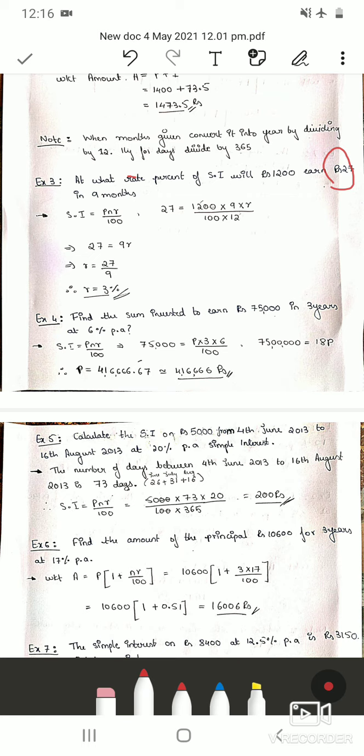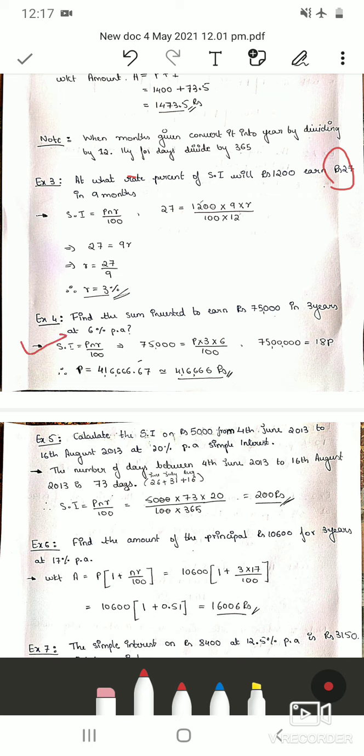So you are investing some amount, and on that amount you are getting 75,000, which might be your income or interest. Here they have asked to find out P, that is the principal amount. With the given information, they have already given the simple interest, which is 75,000, the time, which is 3 years, and the rate.